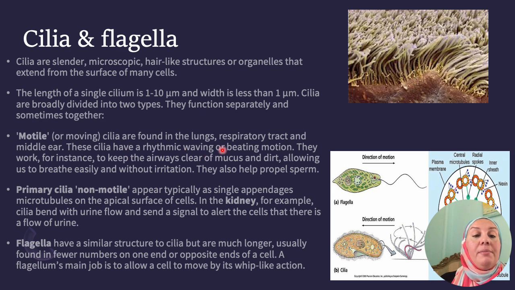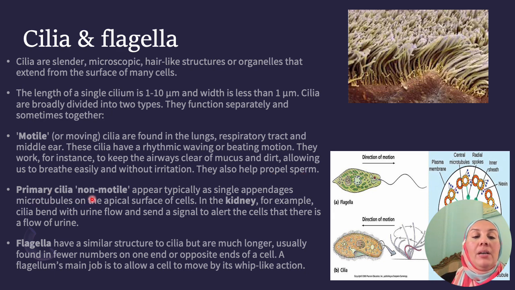These have a rhythmic beating motion, and this will help to clear the airways from the mucus that holds the dirt and bacteria. This will help us to breathe easily, and if it's a flagellum, it will help to propel cells such as here we have a protist cell, I hope, or if we're talking about sperm, it's the same thing.